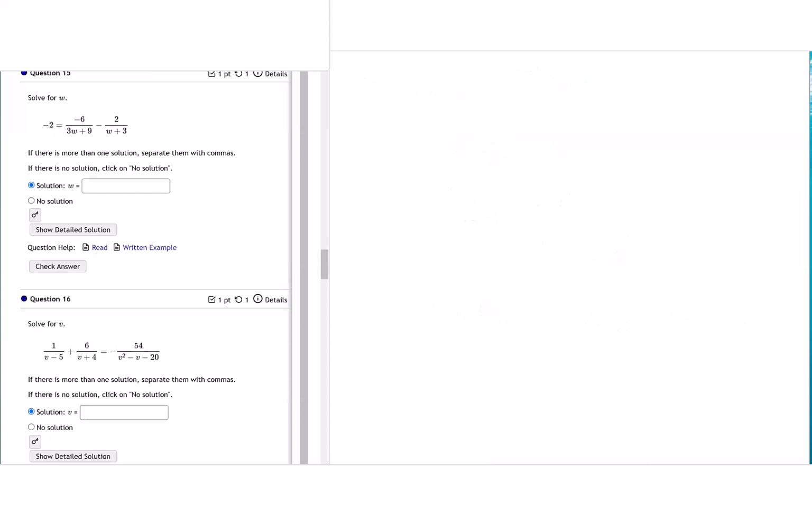Number 15. We get negative 2 equals negative 6 divided by 3W plus 9 minus 2 divided by W plus 3. First step, factor.